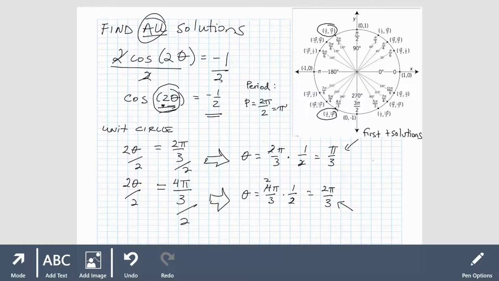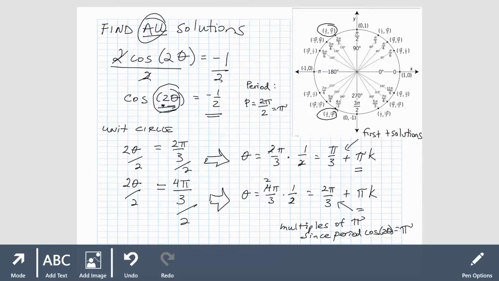What that means in terms of finding all solutions is that I need to add pi times k to get all other possible solutions, because I need to add multiples of pi, since the period of my function cosine of 2 theta is pi.